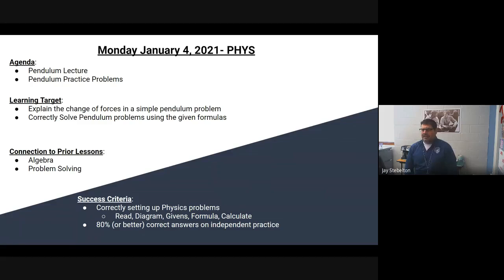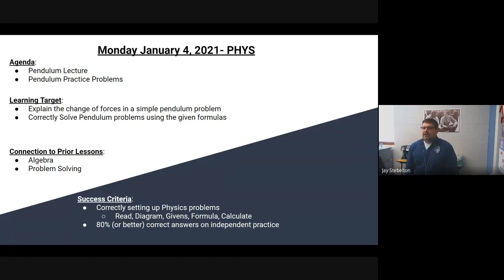I believe most of you will go into Chem A next semester, and I'll get a new group of Physics A. But when you take Physics B next year, which I'm assuming a lot of you will, because I think this is the high math rotation, third hour, you'll have to solve using algebra instead of what we've been doing and giving you the formulas this year. So we'll practice those.